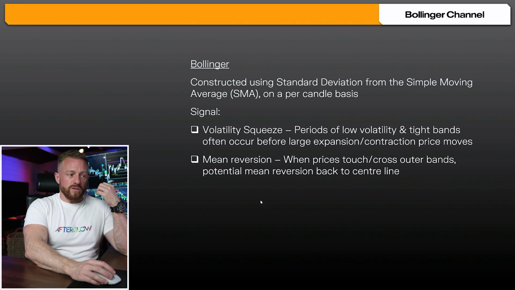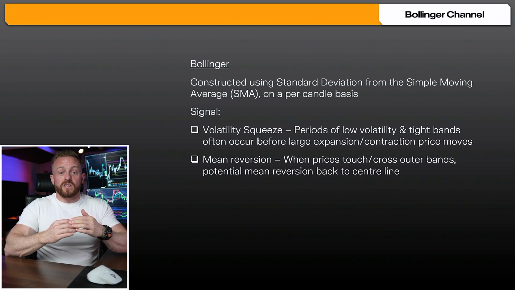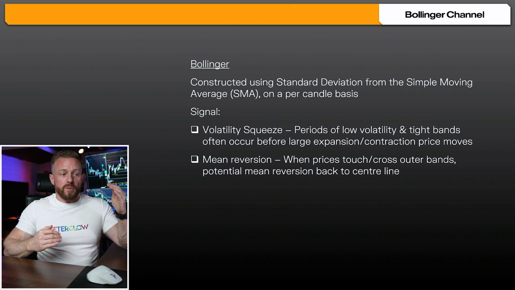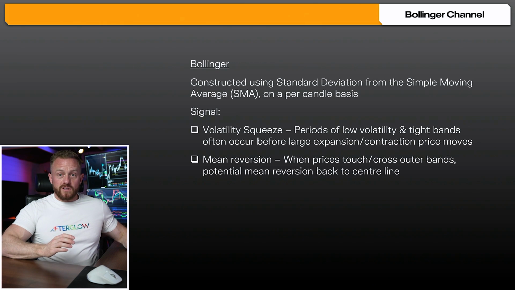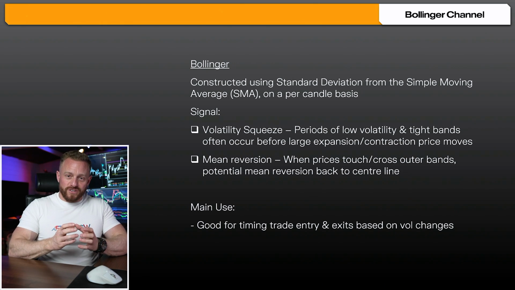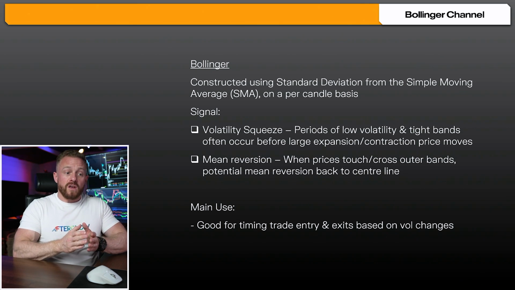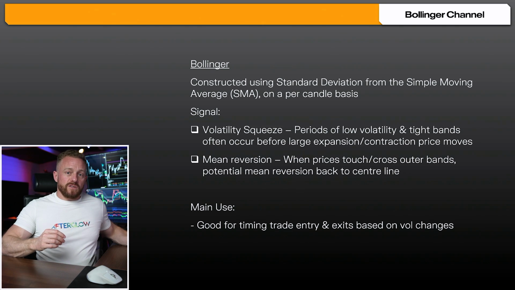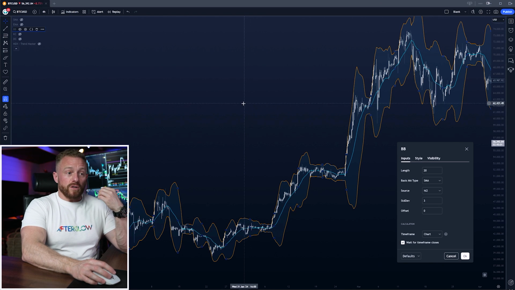A secondary use is also to look for mean reversion. So when the price touches the outermost Bollinger Bands, there may be a mean reversion back to the center line. Although personally, I find this is most useful for timing my trade entries and exits based on those volatility changes, which I'll show here on the Bitcoin chart.